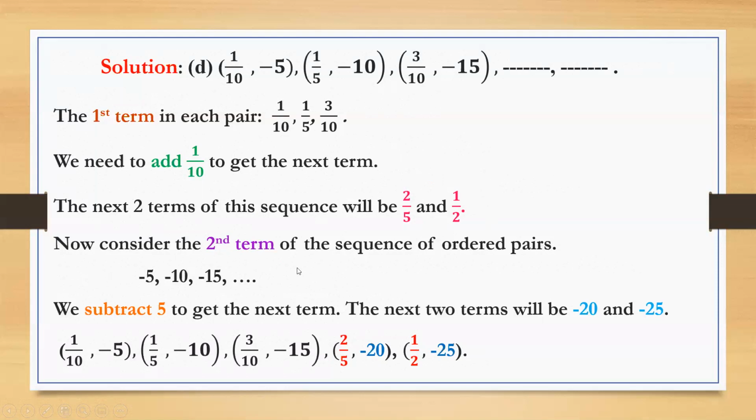Now, the second terms are -5, -10, -15. Here we have to subtract 5 to get the next term. Therefore, the next two terms will be -20 and -25. So here are the next two terms of the given sequence: (2/5, -20) and (1/2, -25).